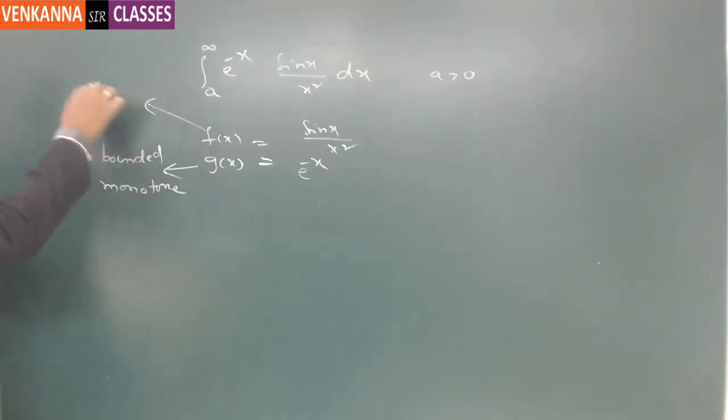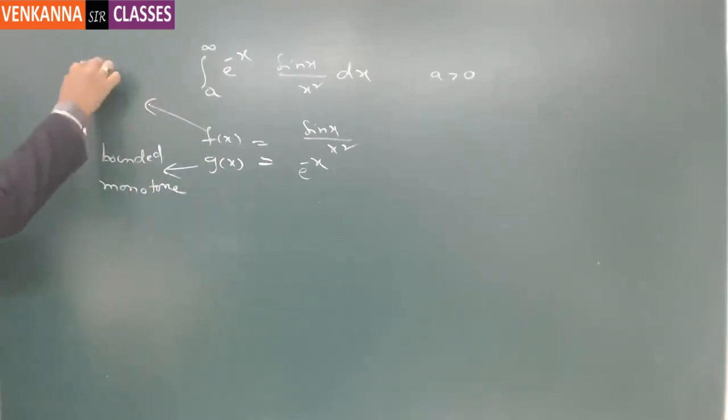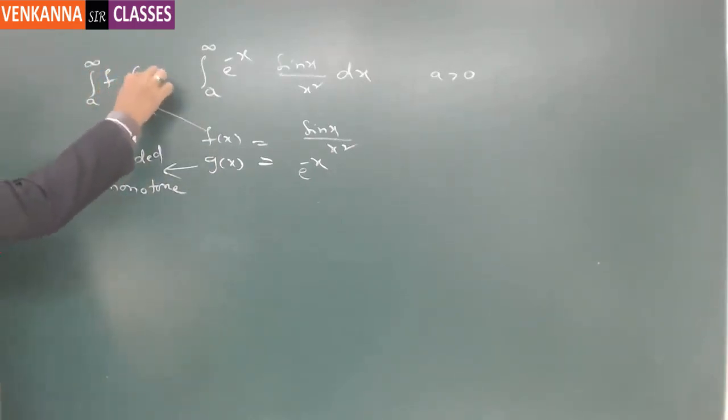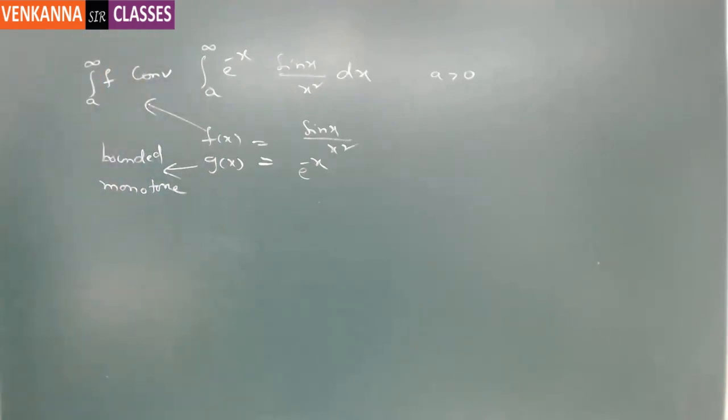For f, you need to calculate integral a to infinity f and it must be convergent. If these two are satisfied, then by Abel's test, integral a to infinity fg will be convergent. Do you accept?